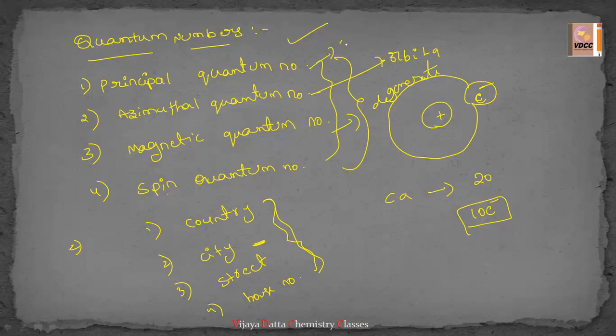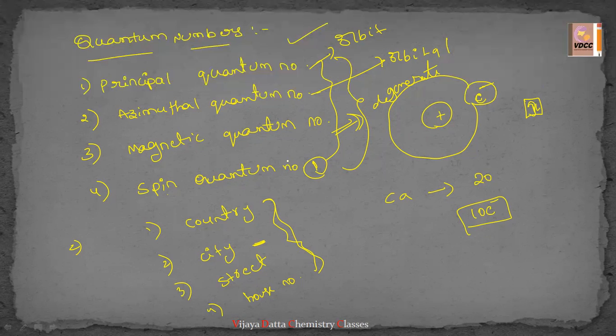It is orbit, again in that orbit an orbital, again in the orbital a degenerate orbital. Again the spin quantum number gives, each degenerate orbital has two electrons, and out of those two, exactly which electron we are talking about. So to address the electrons, these four quantum numbers help us easily.